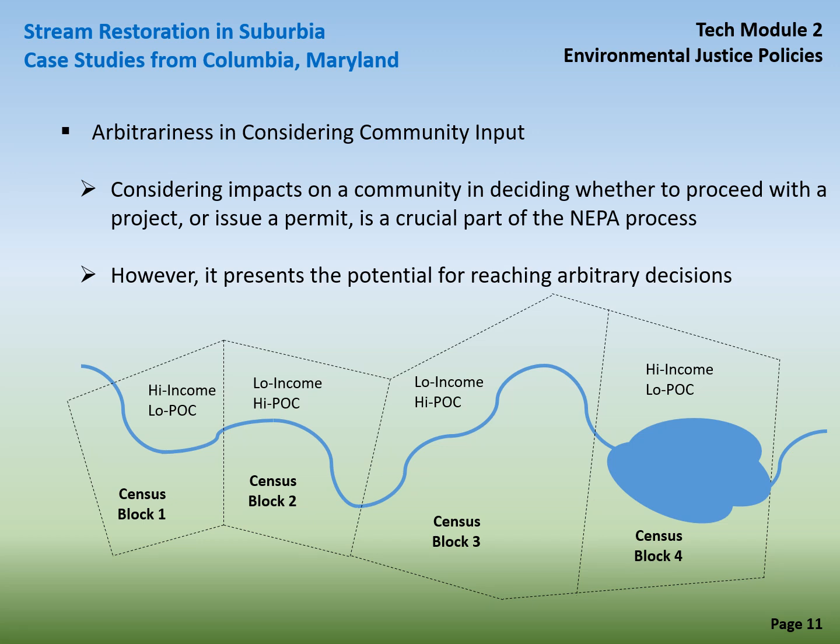If there's technical reasons why Census Block 1 has too many impacts or won't accomplish your objectives, you can delete it. But you can't be arbitrary and delete it because residents in Census Block 1 complained and residents in Census Block 2 didn't. Because that leads to a potential claim, quite frankly, potential litigation, that you're making arbitrary decisions.